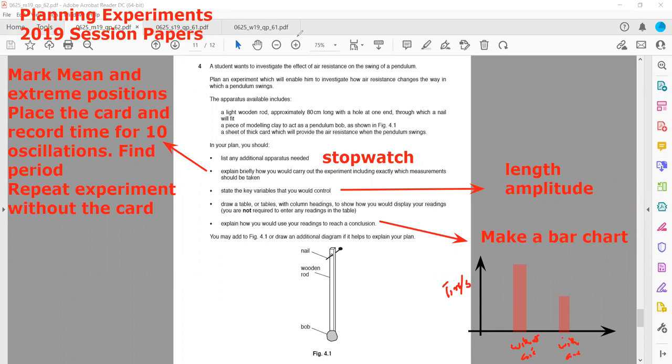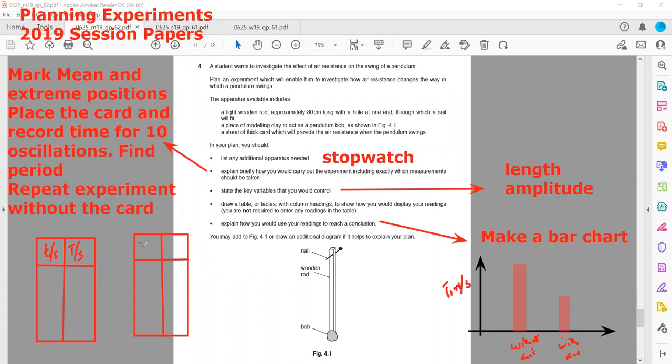Now the tables which we will draw, with column headings. Two tables will be there. The first one is the time for 10 oscillations, which we call small t, and the second one is the time period, which is capital T. Small t is the time for 10 oscillations, capital T is the time period. One table is with the card, the other is without the card.